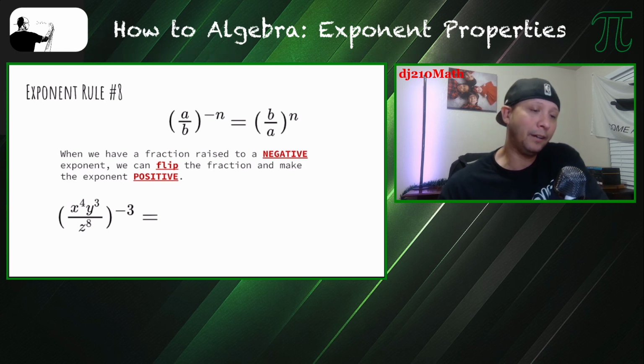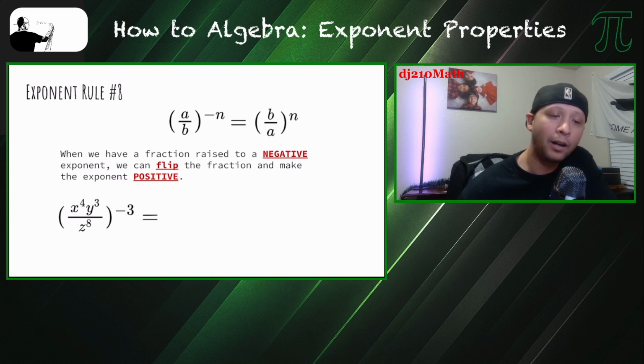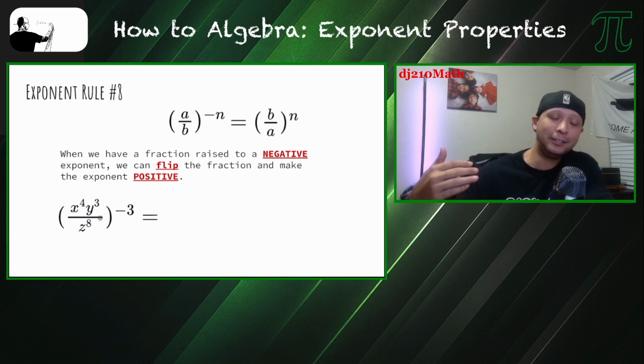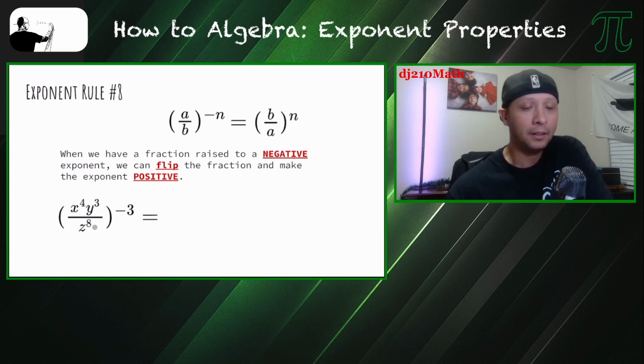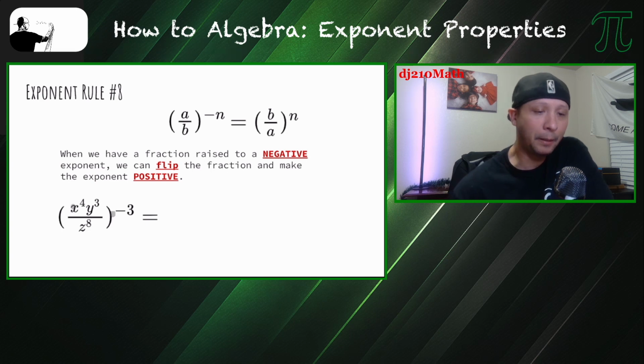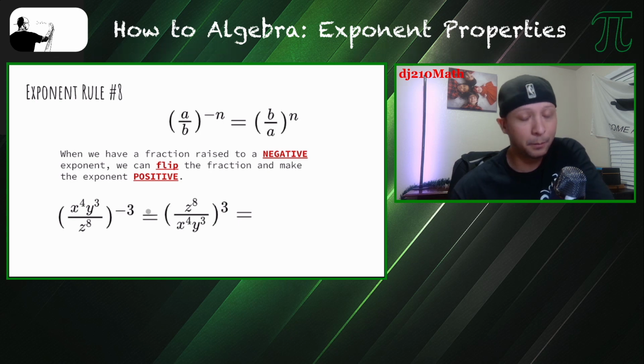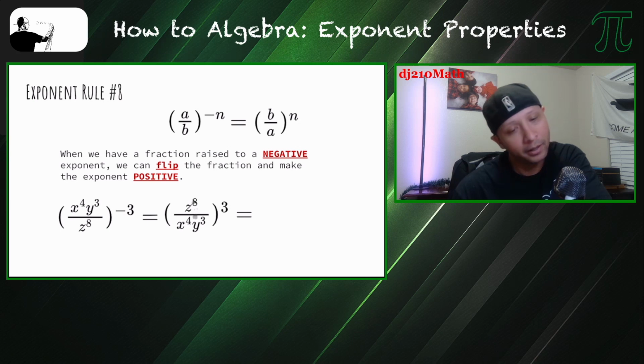So in the example, we have x to the 4th, y cubed, all over z to the 8th, and this is being raised to the negative 3 power. So the first thing I'm going to do is make it positive and flip, using the reciprocal of the fraction. So z to the 8th comes up, and then the x and y come down. And then the exponent's now positive.